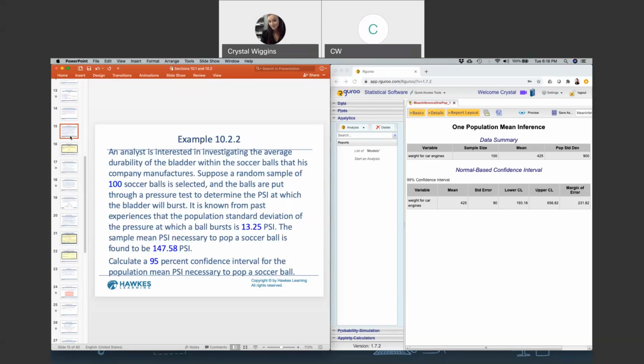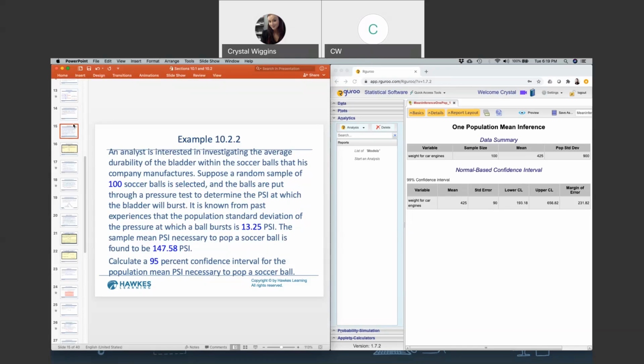Next example, we have an analyst that is interested in investigating the average durability of the bladder within the soccer balls that his company manufactures. Suppose a random sample of 100 soccer balls is selected and the balls are put through a pressure test to determine the PSI, which is pressure per square inch, at which the bladder will burst.